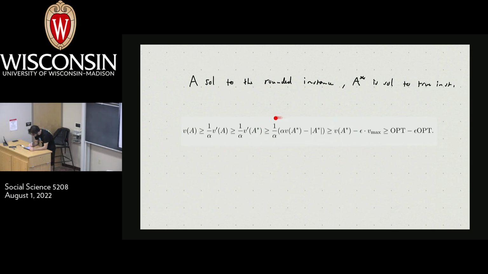Then we apply the lemma to A star. So this is the lemma. This is because A is optimal for the prime instance. This is just algebra. And then this is where we use those bounds.